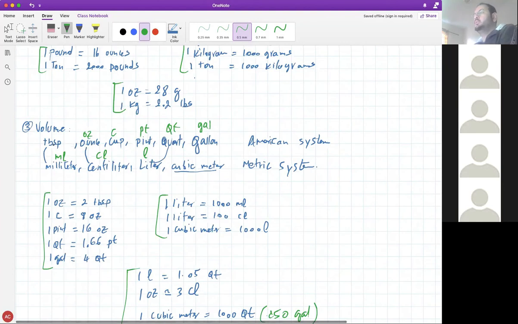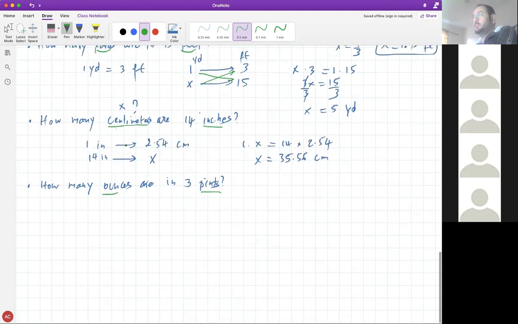Okay, let's do tablespoons to cups. We have one from here to here, and one from here to here, but we don't have one from tablespoons to cups. Let me change these a little bit. How many tablespoons are in 3, for example, cups?